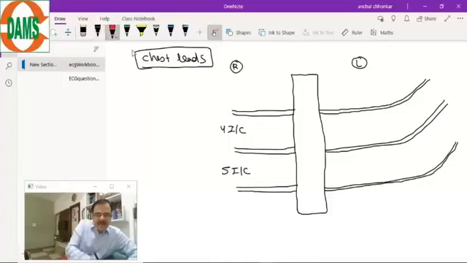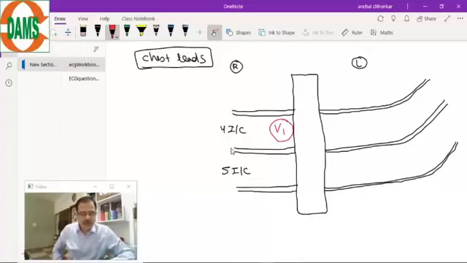The lead V1 is placed in the fourth intercostal space here, while V2 is placed here. V2. V3 is between V2 and V4.